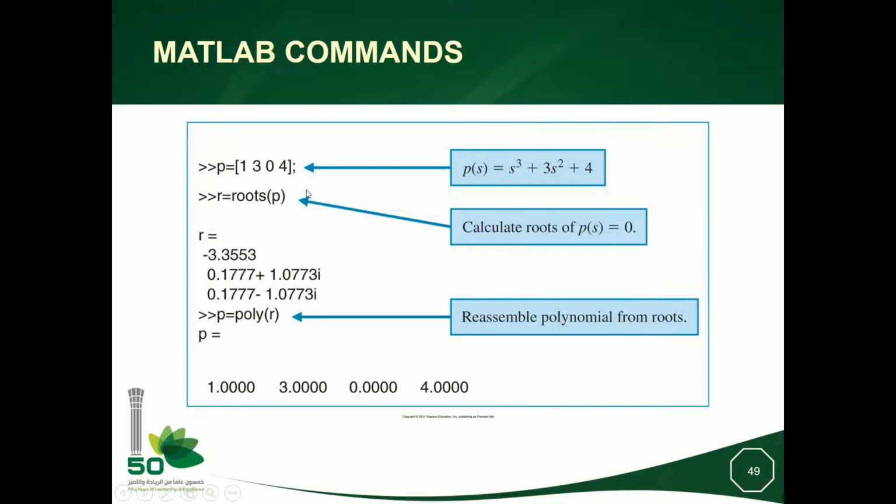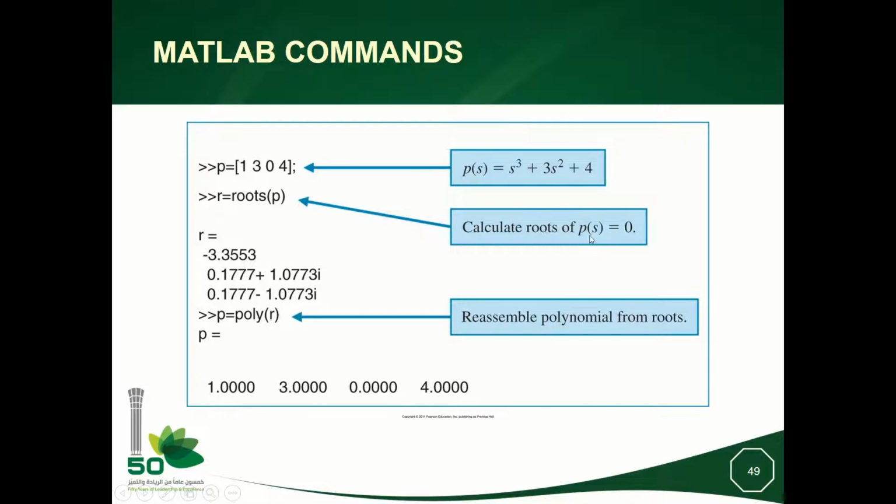By writing p as a simple vector, and then following it with the instruction roots, MATLAB will understand that we are asking for the roots of a polynomial written in terms of its coefficients, and here it will give the roots of this p(s). It means p(s) equals 0.